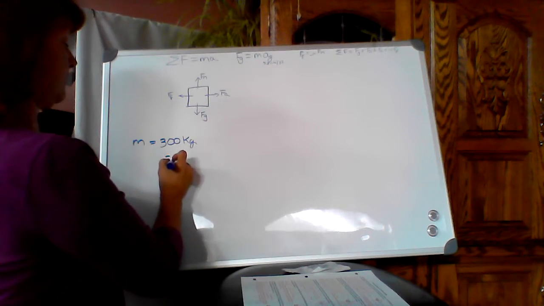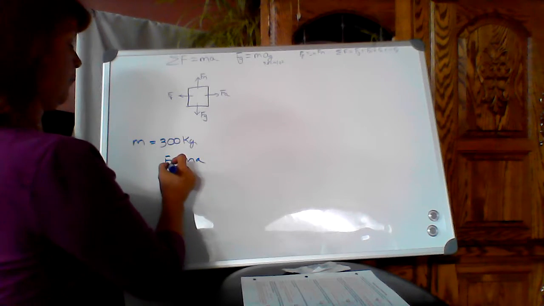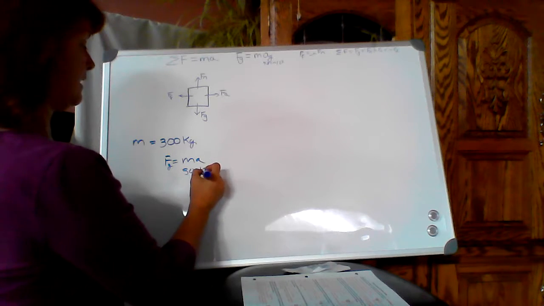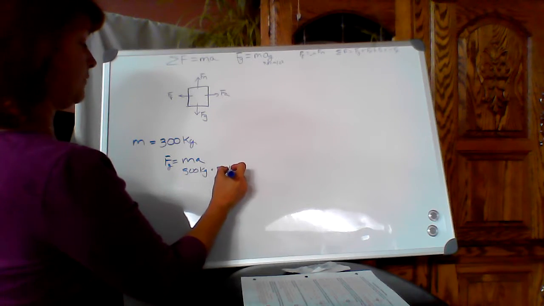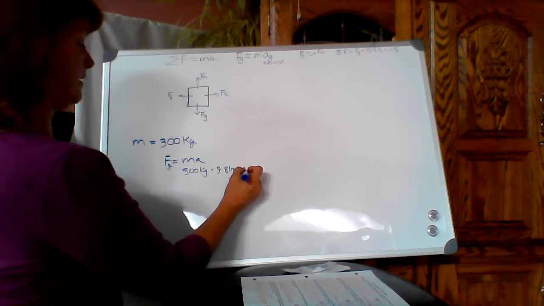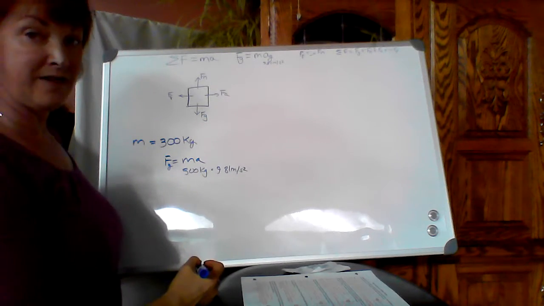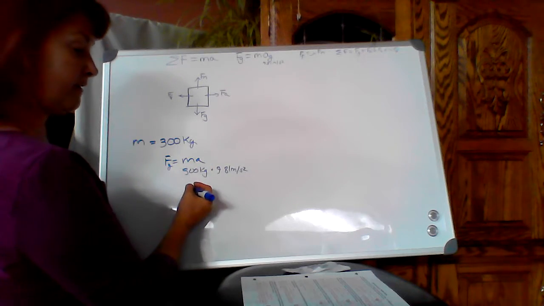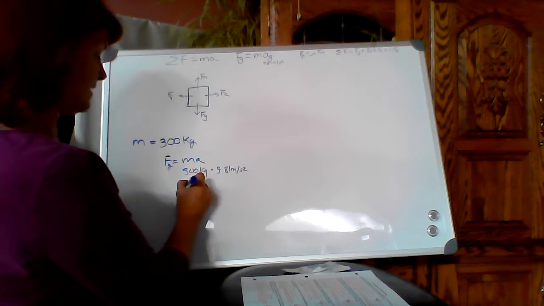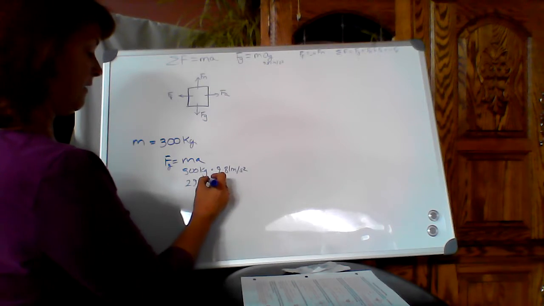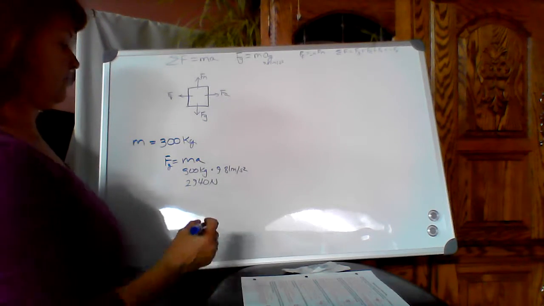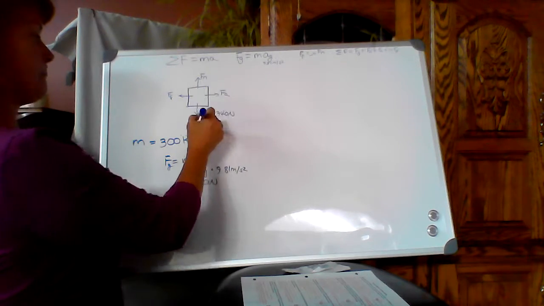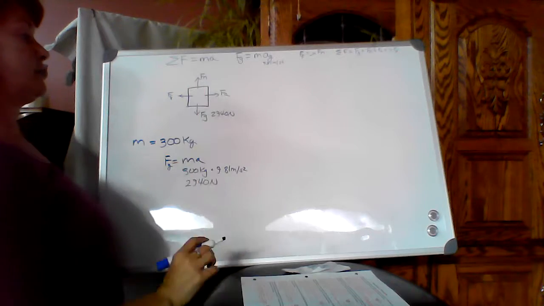So we can use our F equals m a for gravity, and we can say 300 kilograms times the acceleration of gravity, not the force of gravity. Force of gravity equals mass times the acceleration of gravity, and that's going to give us a force of gravity of 2940 newtons. So we know that that's going to be here, going downwards on our coach and sled.